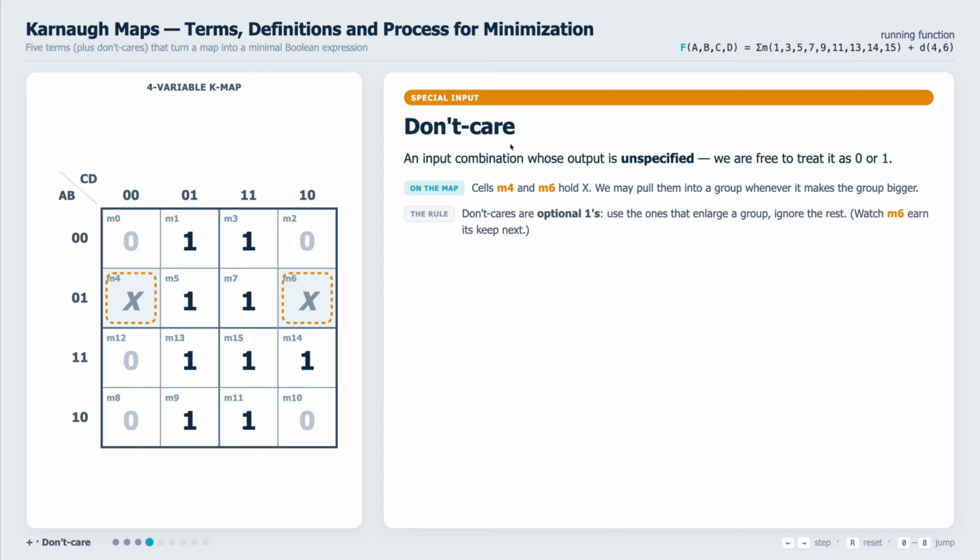Okay, so for now, let's just take it as a special kind of input. We don't know or we don't care whether it's treated as a 0 or a 1, which means it gives us an option. We can either include it to make a bigger group, or if we don't need it, we can just not include it.